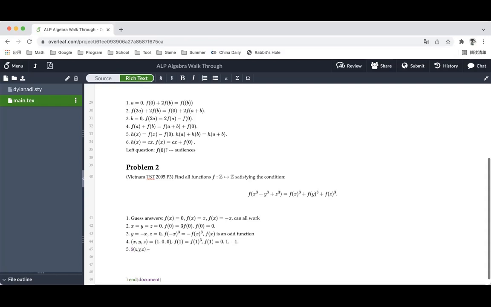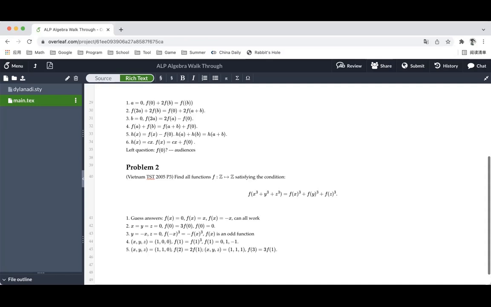So we continue our substitution. For this group of substitutions, we can get that f(2) = 2f(1). And if you substitute more, for example 1, 1, 1, then you get that f(3) = 3f(1).